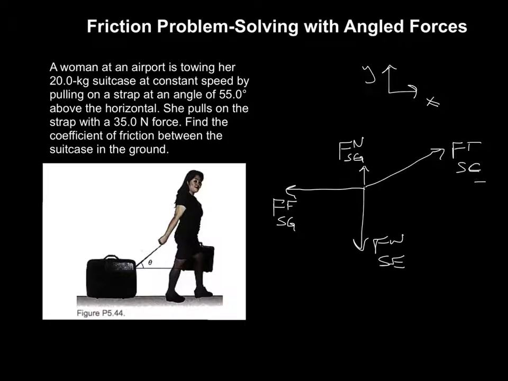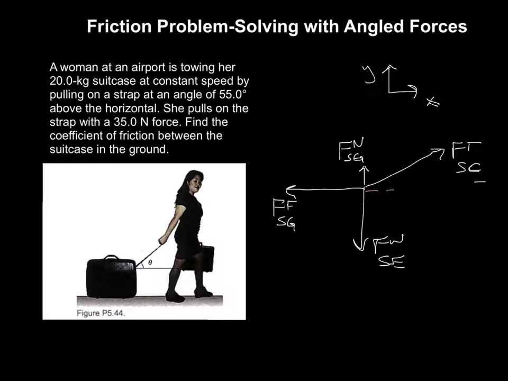So what we need to do here before we can proceed is make every force that's not aligned with either the y or the x direction, with one of our coordinate axes, componentized so that each of the components does align with one of the coordinate axes. So what you need to do is imagine the right triangle of which this tension, this angled force, is the hypotenuse. I'm going to sketch that in now.